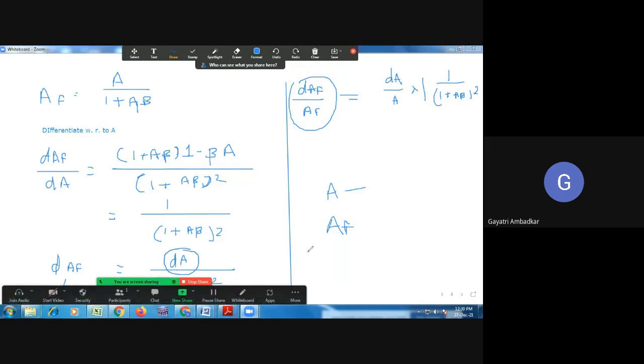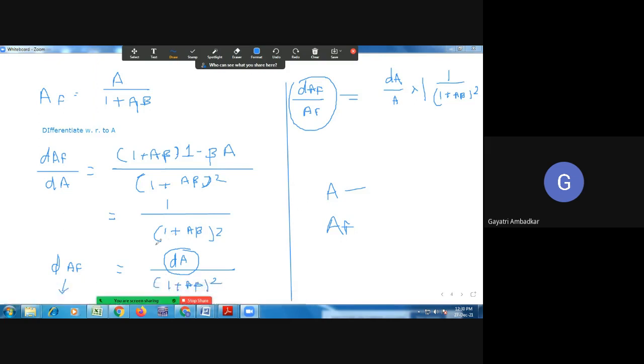It is divided by this factor, which means it is reduced. DA is 1 plus A beta multiplied by DAF; multiplication means DA is higher, and DAF means DA gets divided by this, so DAF is lower, meaning the changes are lower. Understood?